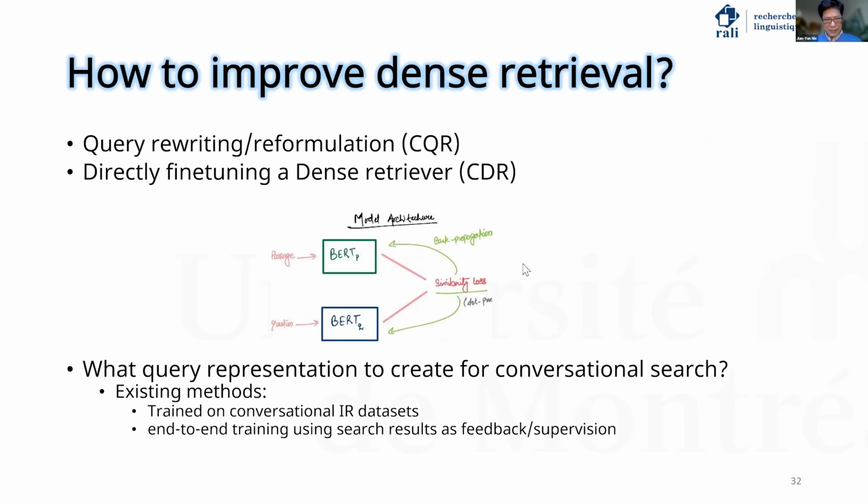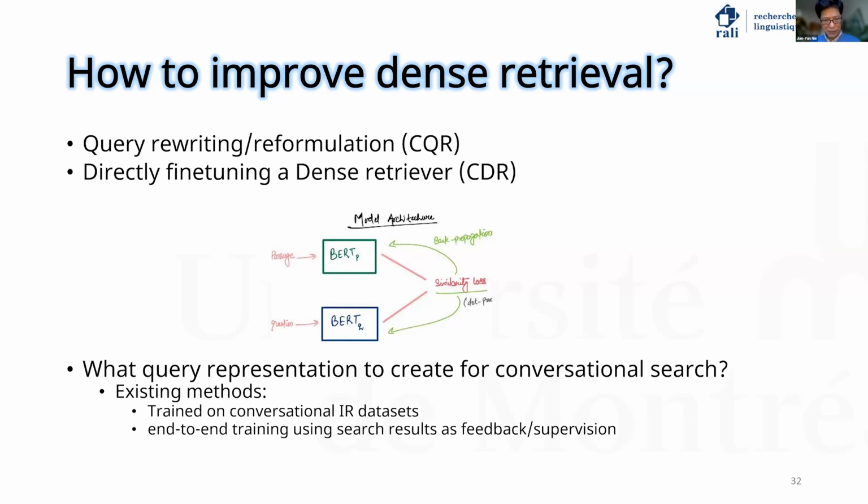Typically we can imagine that a dense retriever would create a BERT representation for the passage or the document. And we will also have a BERT representation for the query. And we can use the training data to train those BERT representations.